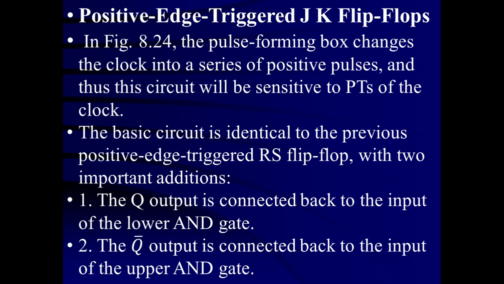And then after that there are crossover connections. That means Q is connected to one of the inputs of the lower AND gate and Q bar is connected to one of the inputs of the upper AND gate. That way, cross connection of output to input is done, and the edge triggered RS flip-flop is converted into an edge triggered JK flip-flop.